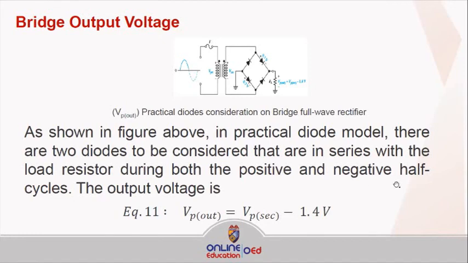And sa negative half cycle din, ganun din. Then the output voltage, ang formula nito is VP out equals VP secondary minus 1.4 volts. Okay? That is a practical diode consideration of a bridge full wave rectifier.